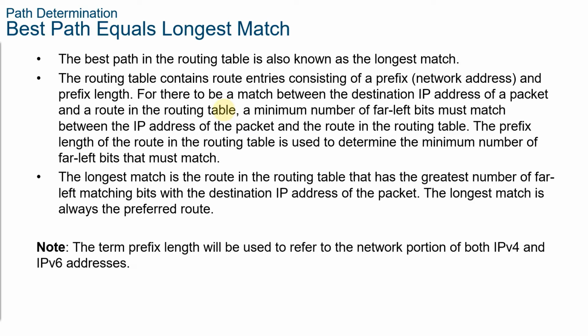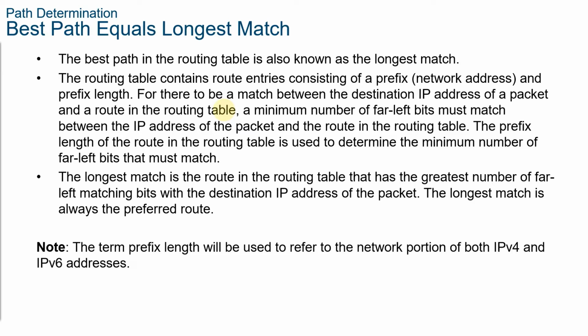For there to be a match between the destination IP address of a packet and a route in the routing table, a minimum number of far left bits must match between the IP address of the packet and the route in the routing table. The prefix length of the route in the routing table is used to determine the minimum number of far left bits that must match. Remember that an IP packet only contains the destination IP address and not the prefix length.